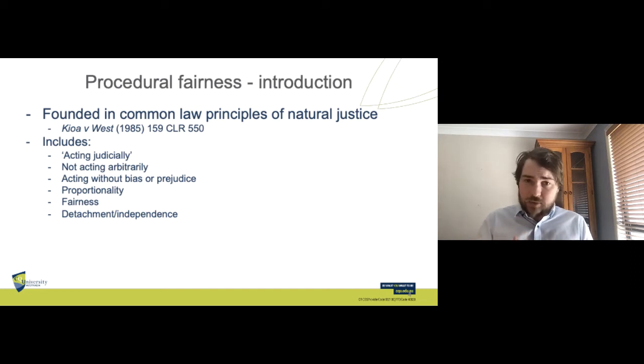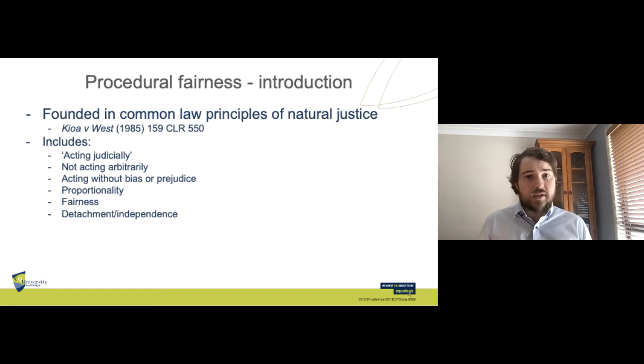Not acting arbitrarily, so having regard to the facts, having regard to the requirements of law and things like that. Acting without bias or prejudice, so having an unbiased mind. Acting proportionally, so making sure that the decision fits with the factual matrix that's before the decision maker.